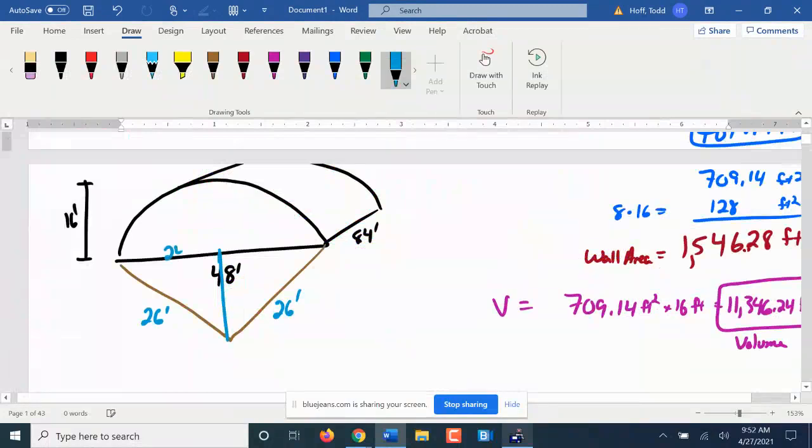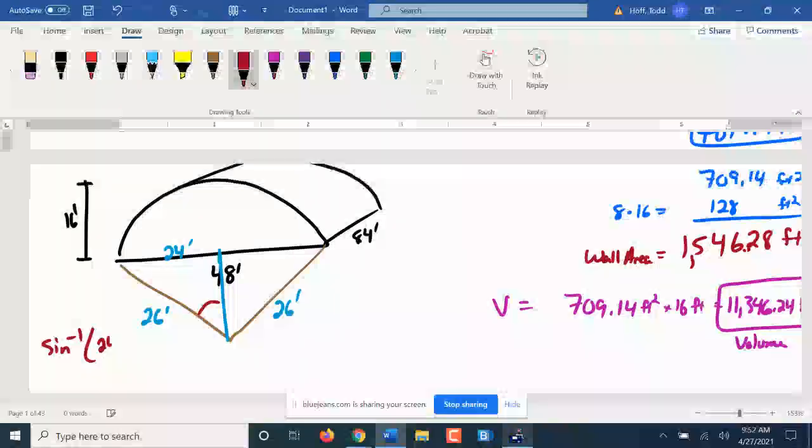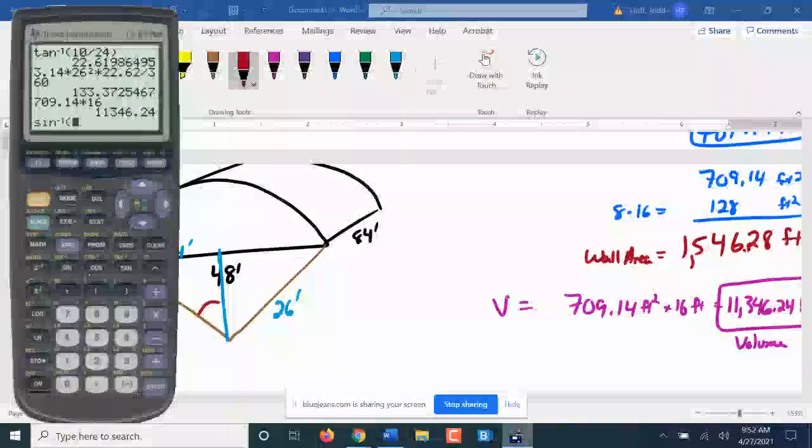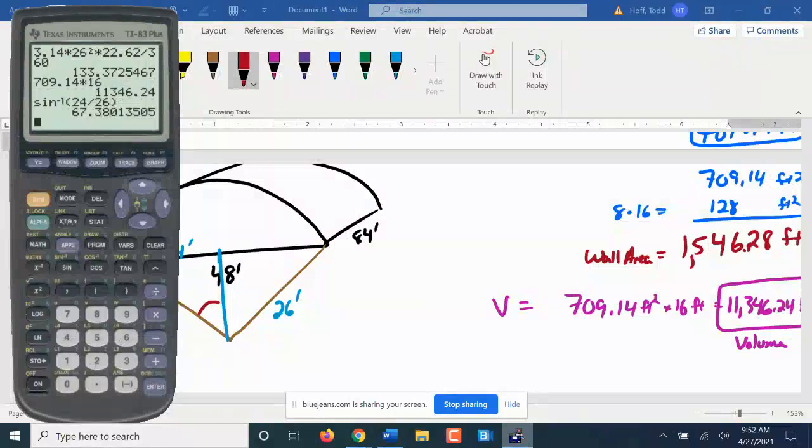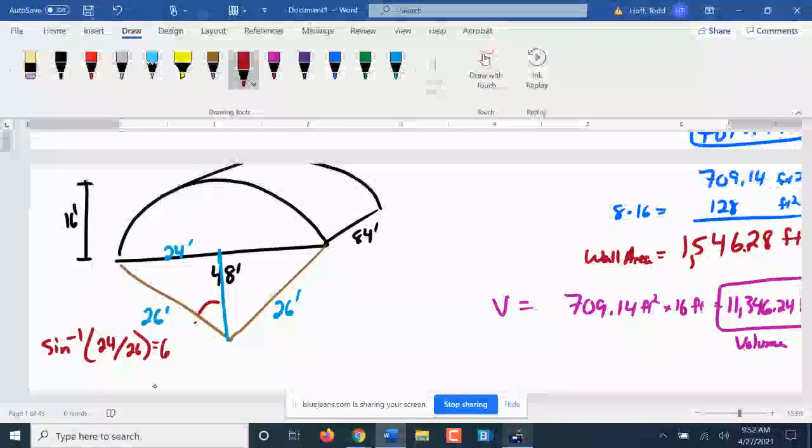We know this is 24 feet. That'll help me get this angle here. That's going to be an inverse sine of the opposite side, the 24, over the hypotenuse of 26, giving us 67.38 degrees.